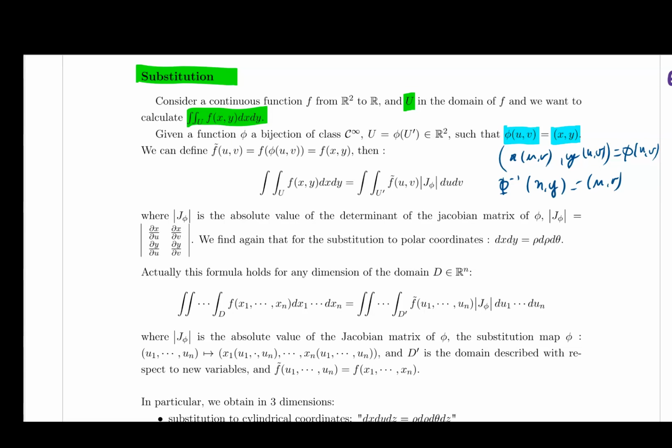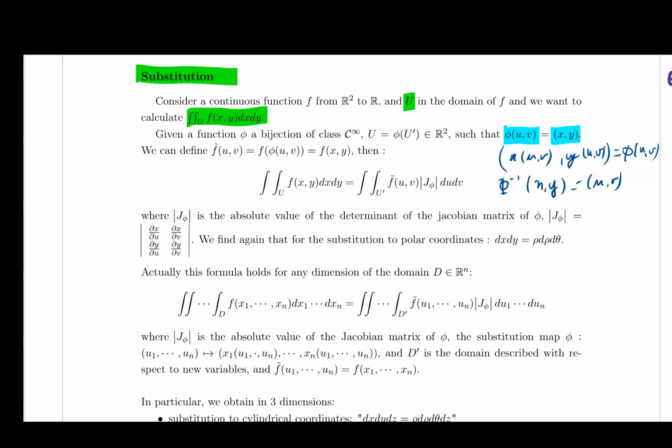variables. Okay, so first remember that your substitution is going to be valid if it is defined by a reversible function, so an invertible function. And now we know how to qualify invertible functions because we have the local and then global inverse theorem. So that's one thing.